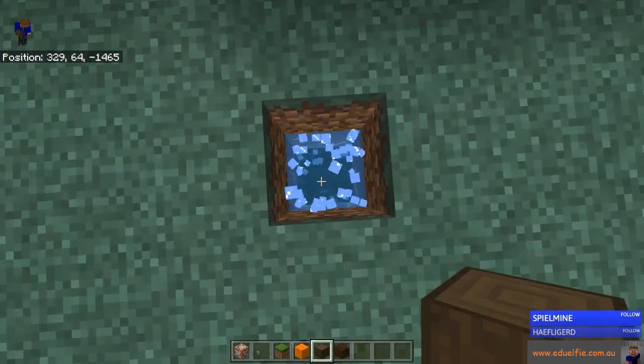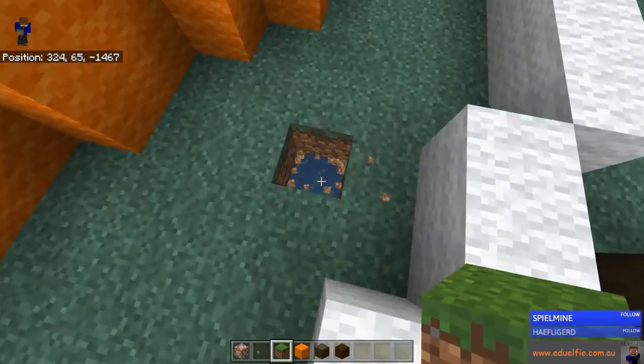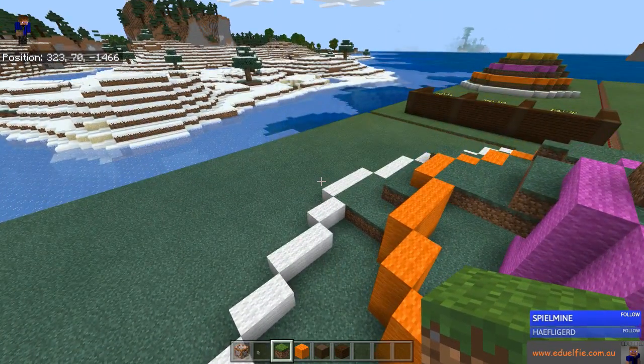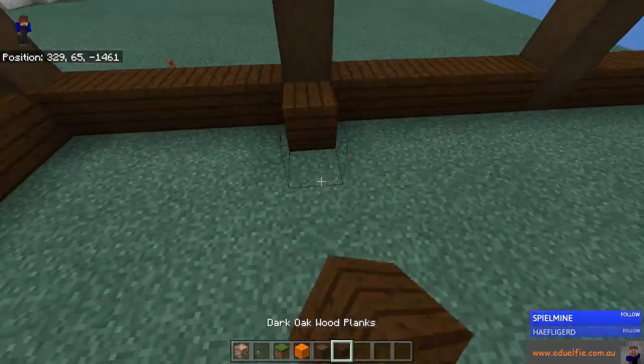So there are no allow blocks under here, so students can't build under here. What about under here? No. So I need to put build allow blocks under here. Otherwise students aren't going to be able to do anything.